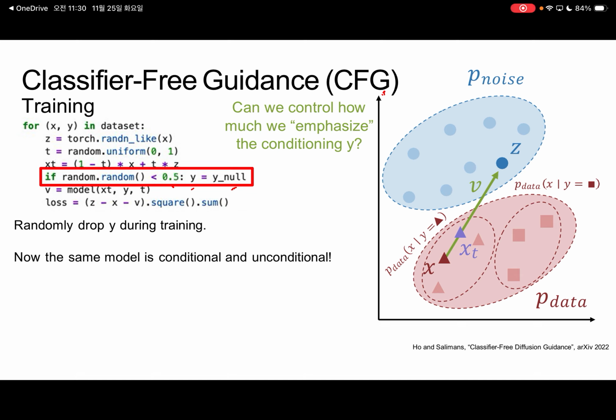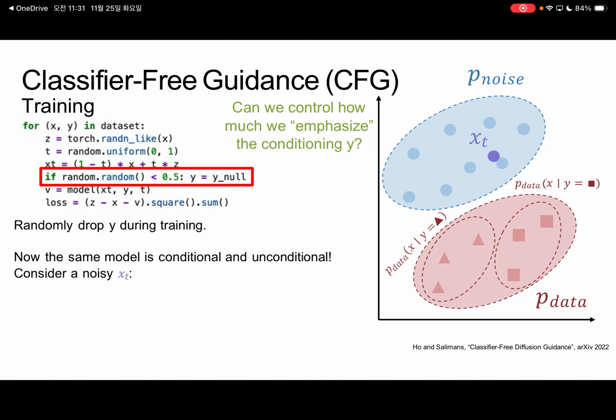So the entire training is almost the same, but the difference is that with some probability, with a threshold, we train it as if it is an unconditional generative model. y with some probability becomes null, so that in some iterations it is trained as an unconditional generative model. We randomly drop y during training. So when y is set to null, the same model is used for both conditional and unconditional generative models.